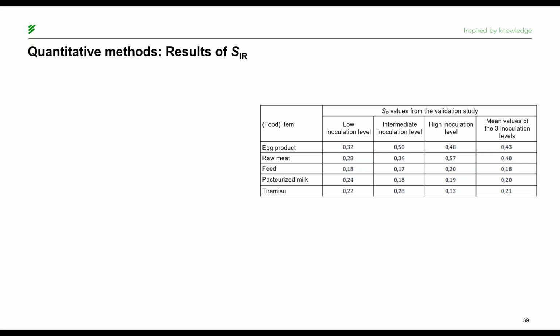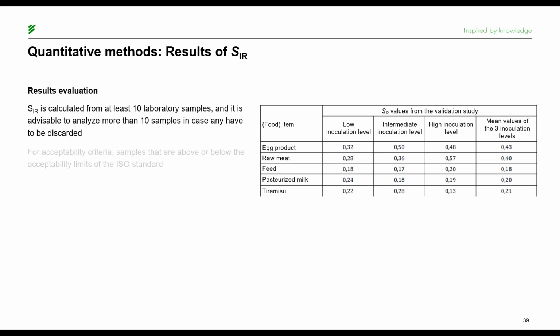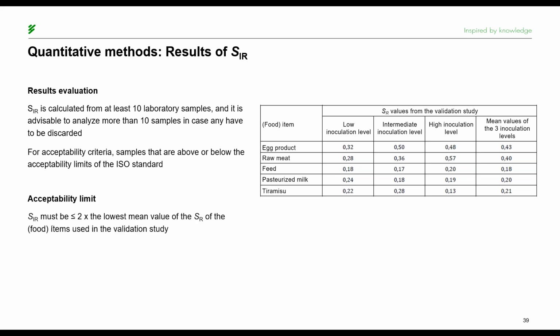Then we have the limit of acceptability. That is that the SIR must be less than or equal to 2 times the lowest average value of the SR, which is actually the most challenging value for the method.